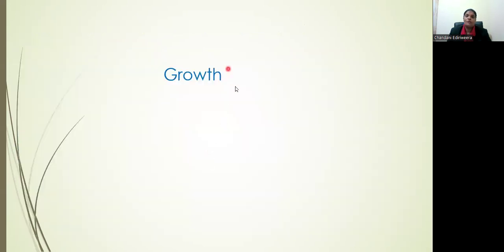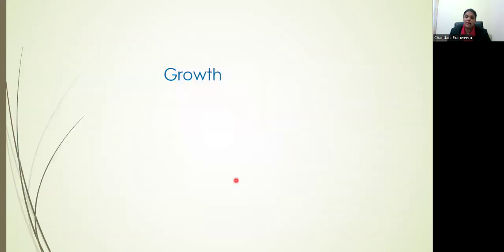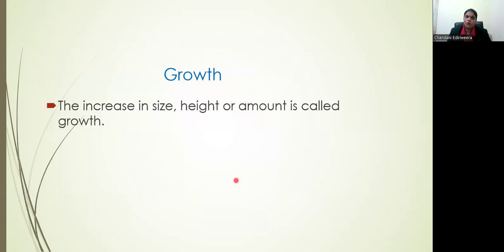So when you look at these things, you can see some things are growing. What's meant by growth? You know, some things, their size, the height, and the amount is increasing. We're calling that one as the growth.